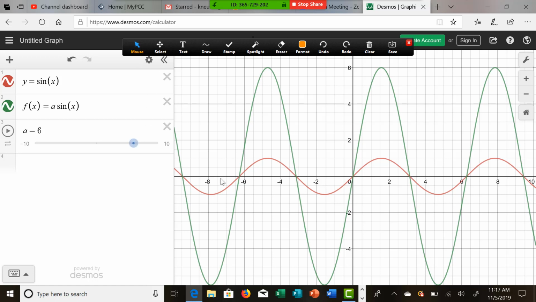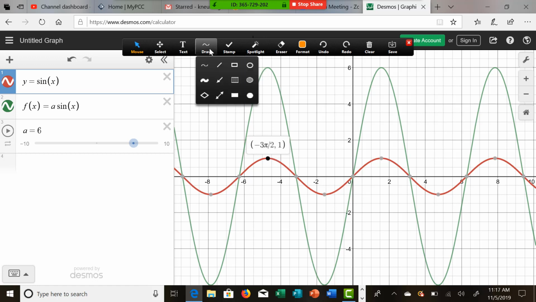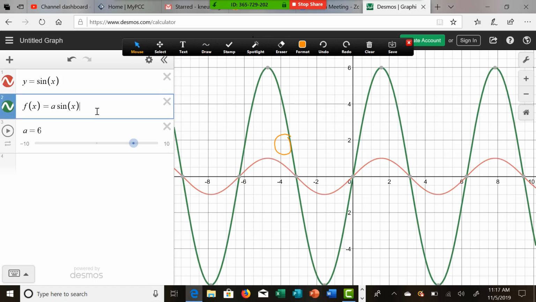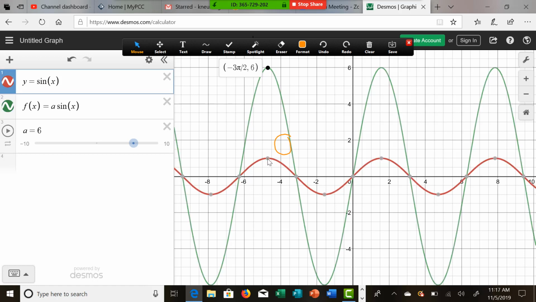And let's examine what we had before. So if I click on this sine of x, we're going to choose a point, say this one right here. Notice that this one right here has a y-coordinate of 1. Now that same point on the green one was this one here.